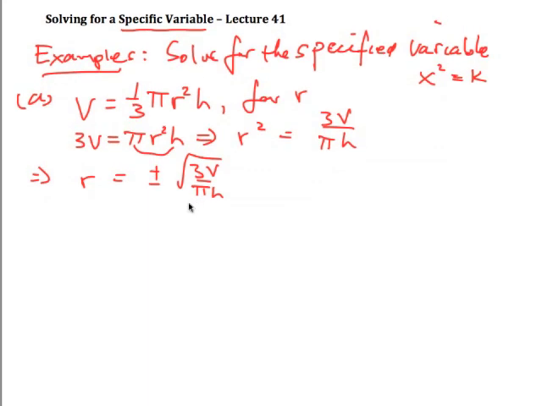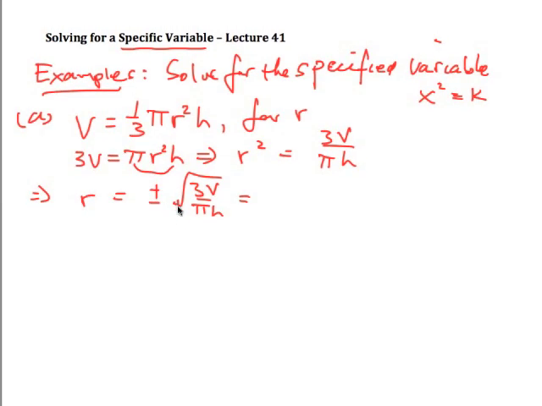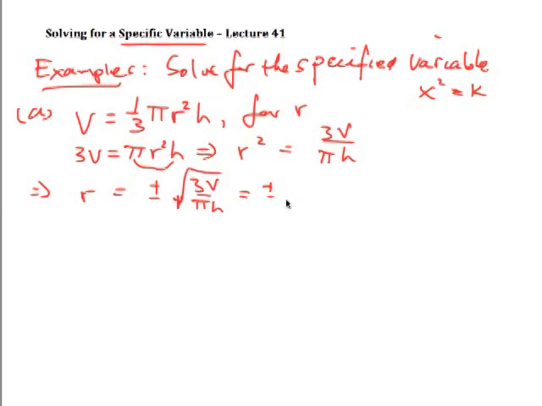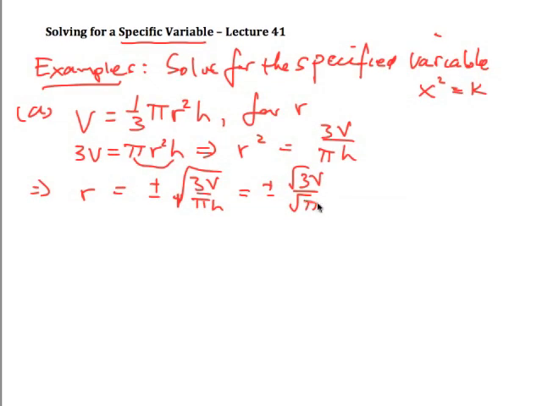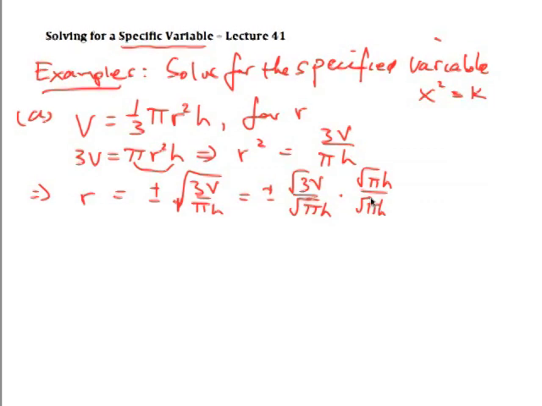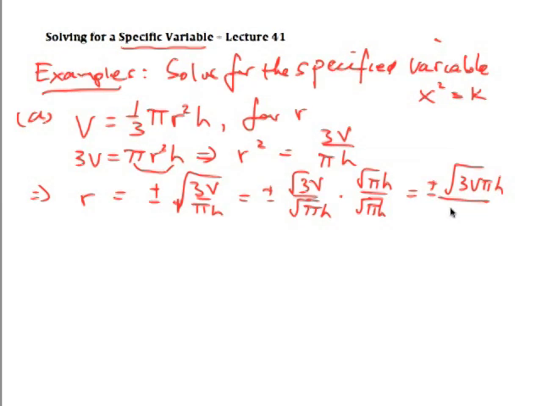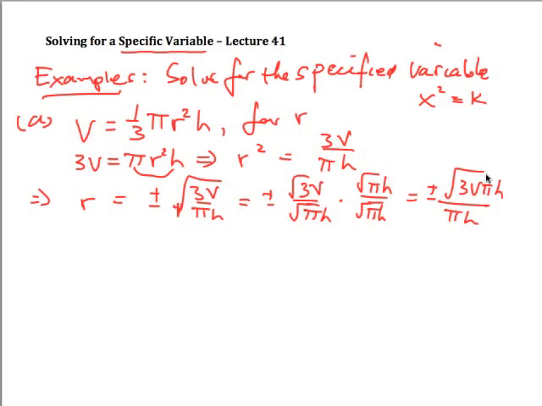And that, of course, will be our solution, right? But of course the square root here is going underneath all of this, so to get into the proper form we would actually multiply the top and the bottom by the square root of pi h, and so we'll end up with plus or minus the square root of 3V pi h over pi h, and that would be our solution.